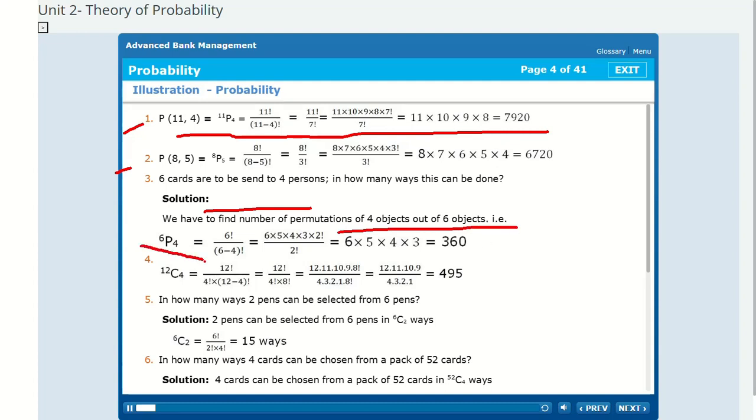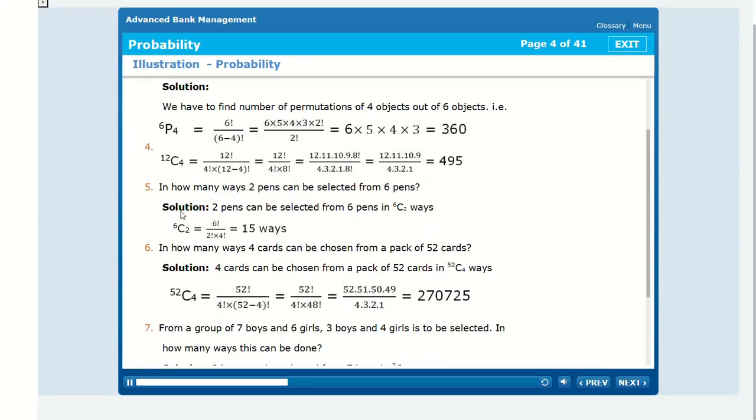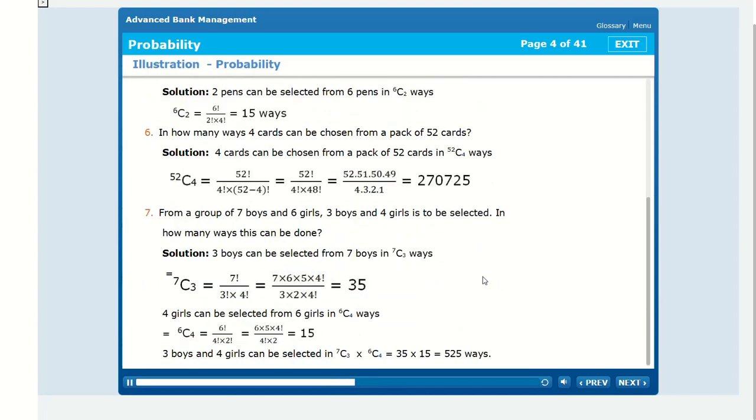In how many ways 2 pens can be selected from 6 pens? Solution, 2 pens can be selected from 6 pens in 6C2 ways. 6. In how many ways 4 cards can be chosen from a pack of 52 cards? Solution, 4 cards can be chosen from a pack of 52 cards in 52C4 ways.